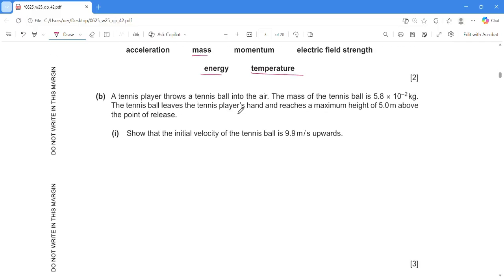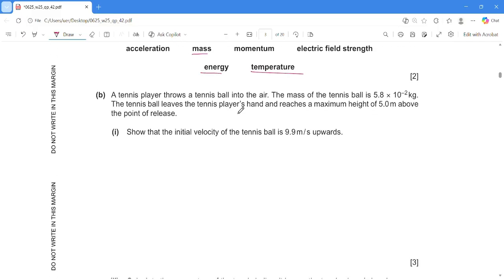Okay, B. A tennis player throws a tennis ball into the air, blah blah blah. Show the initial velocity of the tennis ball is 9.9 upwards. Okay, so how do we do this? You can see here they told you the ball reached a maximum height of 5 meters. So at this maximum height the ball has GPE, gravitational potential energy.